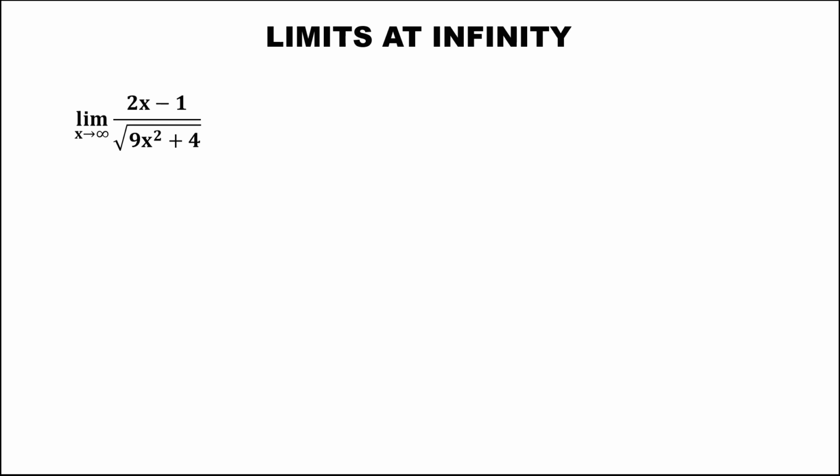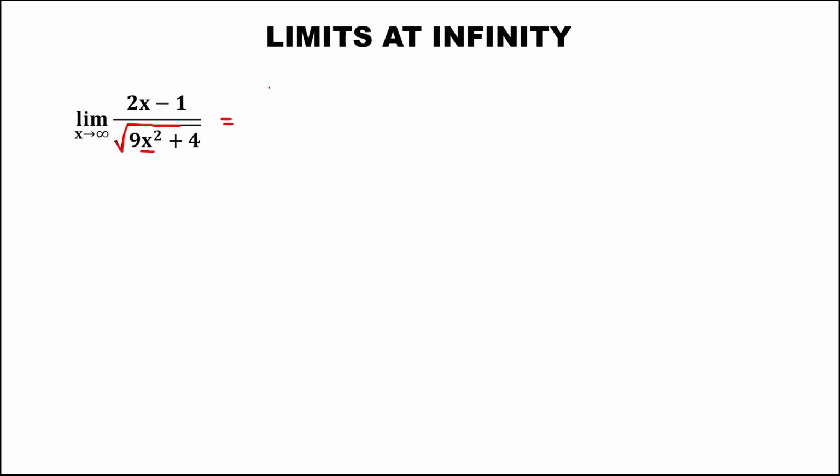So for this problem, to find the limits at infinity, if the given expression contains a radical, we first need to divide every term by the highest exponent. Since the highest exponent is x squared inside the radical, we divide every term by the square root of x squared.